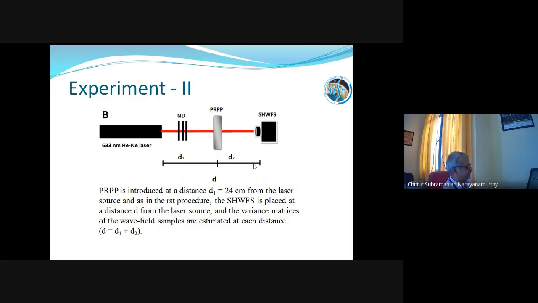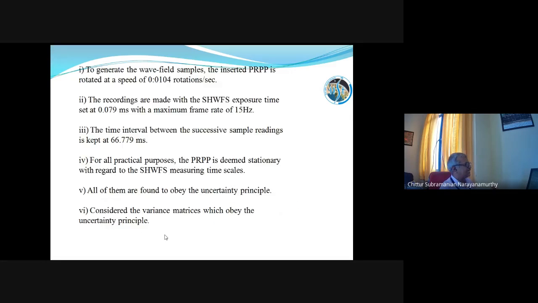We can measure the variance matrix values, and after introducing the PRP at 24 centimeters from here, we measured the total variance matrices of the wave field. By rotating this PRP at various speeds, we can measure the variance matrix elements, and to generate the wave field samples, the PRP is rotated at a speed of 0.014 rotations per second. The recordings are made with the Shack-Hartmann wavefront sensor.